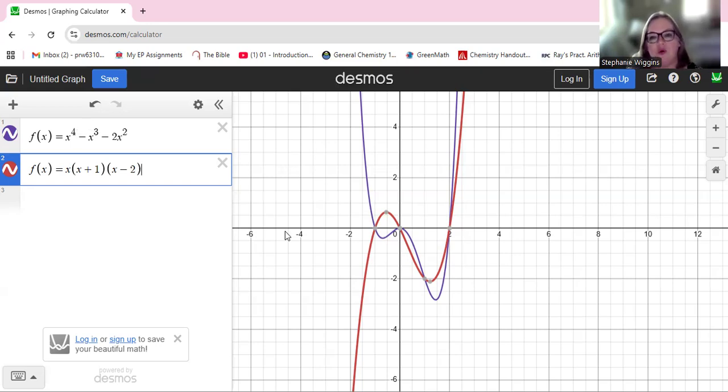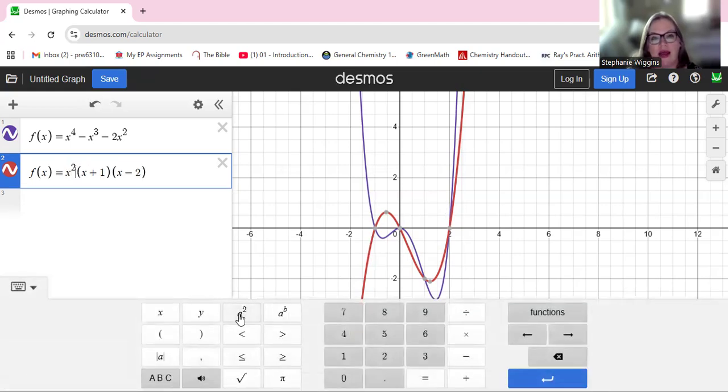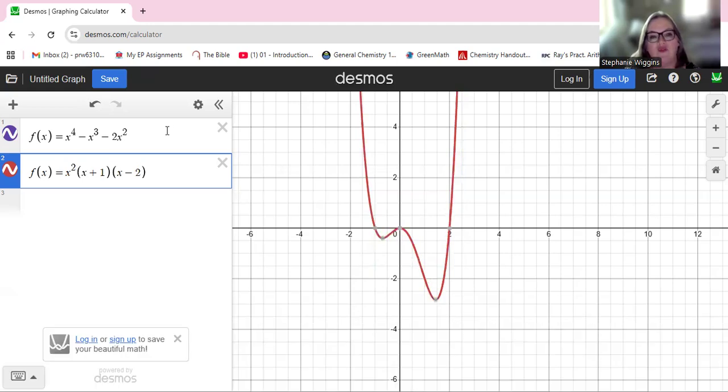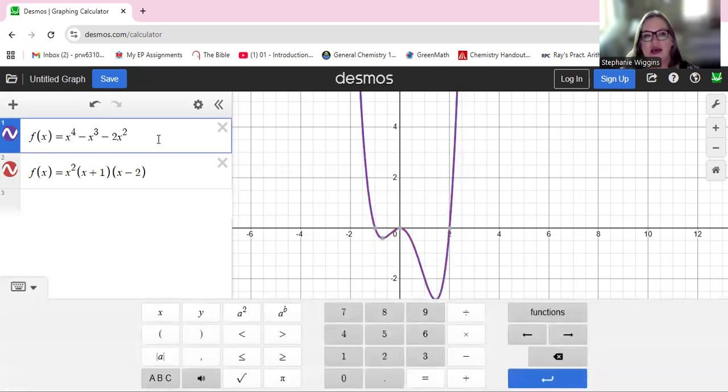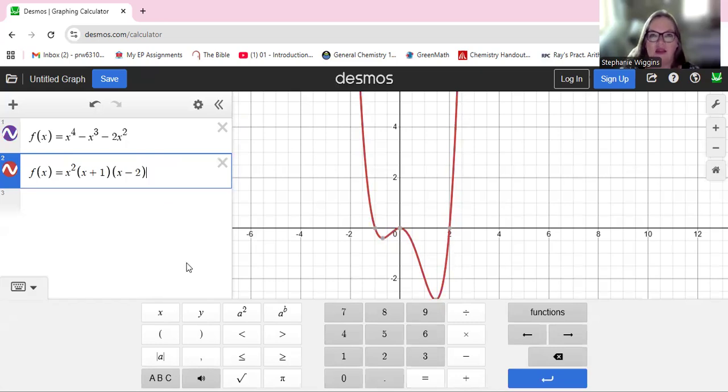Because this purple graph touches and then bounces back, I know that the multiplicity on the x must be 2. Okay, it has to be even, we know that, and there you have it. You see I've matched the graph. Here's my original function, and now I've represented it in factored form. It's the identical function. So that's how we can find the factors of a function and their multiplicities from a graph of a polynomial.